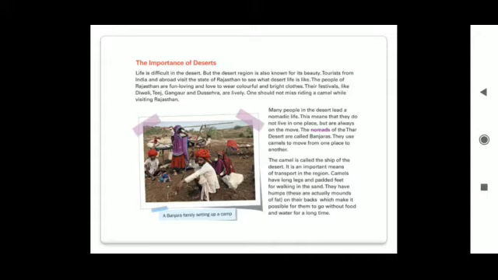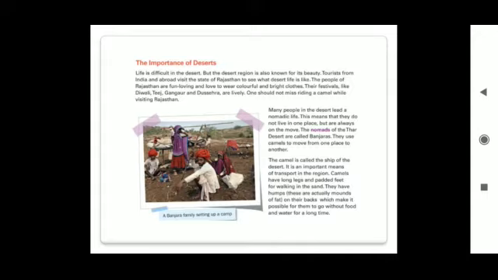The camel is called the ship of the desert. This is the important animal found in the desert area only. Why? It is an important means of transport in the region. Camels have long legs and padded feet for walking in the sand.